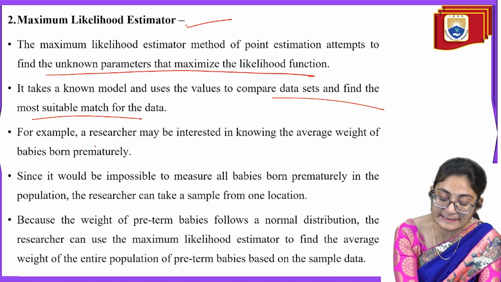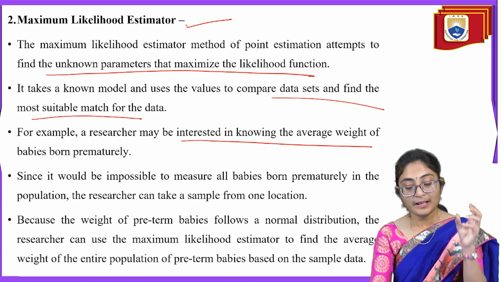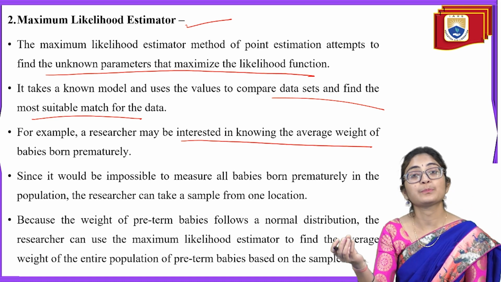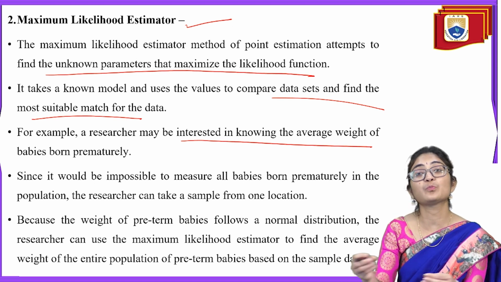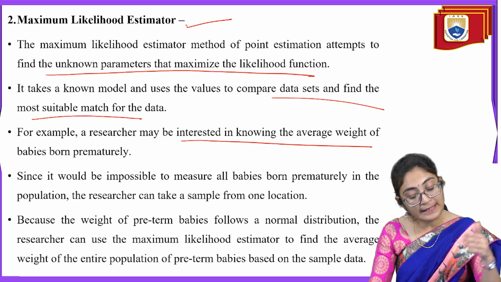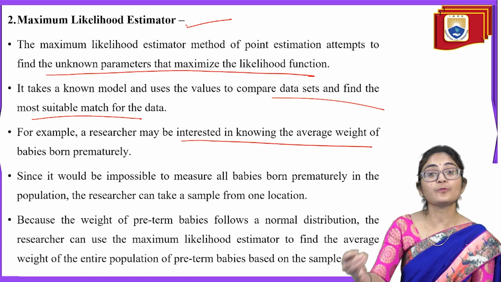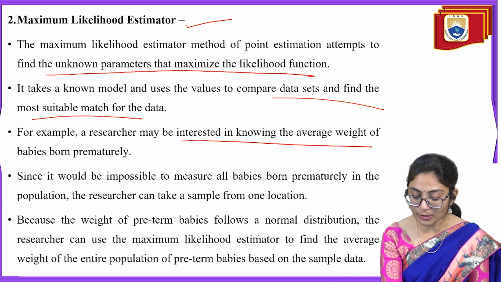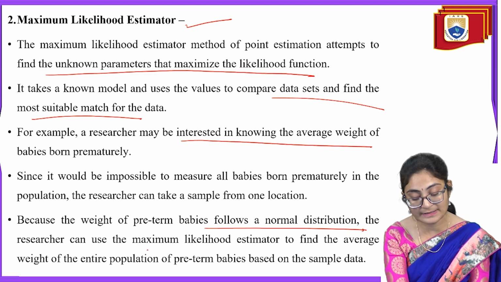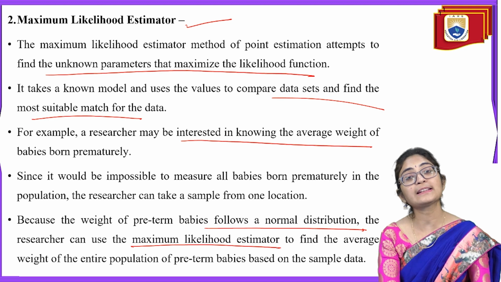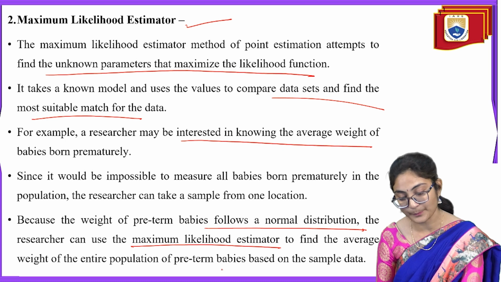For example, a researcher may be interested in knowing the average weight of babies born prematurely. Since it would be impossible to measure all babies born prematurely in the population, the researcher can take a sample from one location. Because the weight of preterm babies follows a normal distribution, the researcher can use the maximum likelihood estimator to find the average weight of the entire population of preterm babies based on the sample data.